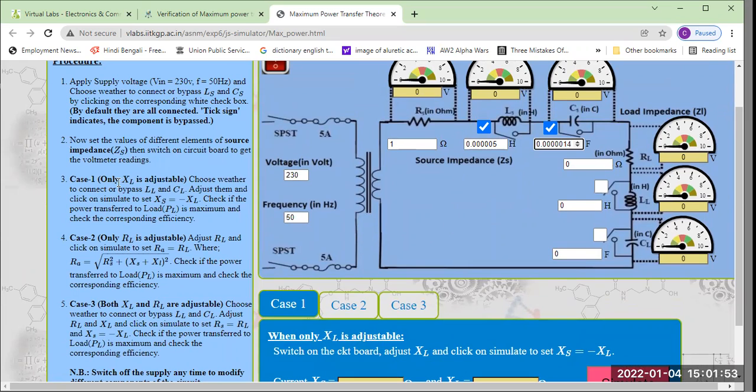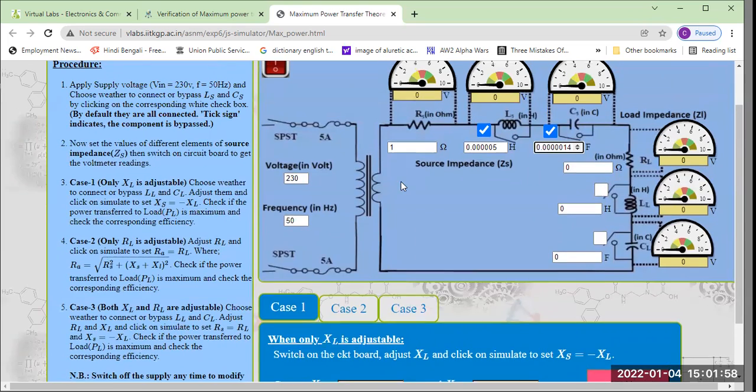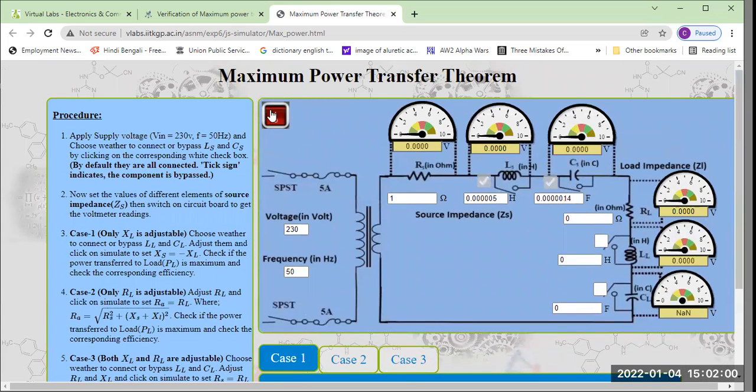Case 1. Only XL is adjustable. Choose whether, look, if you power on, these are the bypass. Yes, this is 000. Okay. So case 1, only XL is adjustable.